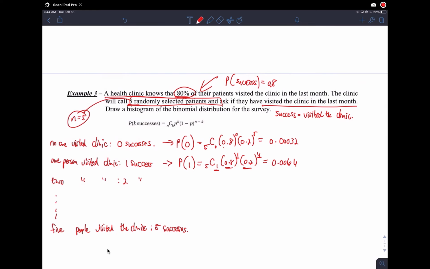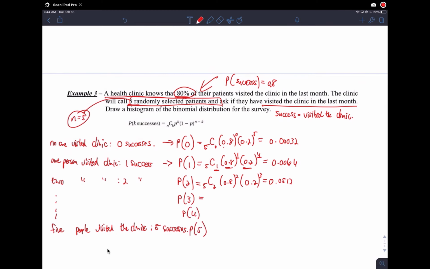I've already done all the work here on my end. You can do this on your own to practice as well, but you end up getting 0.0512 and so on, for probability of 3 successes, 4 successes, and 5 successes.